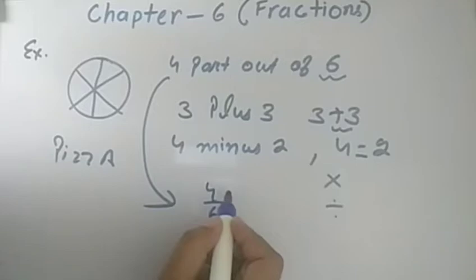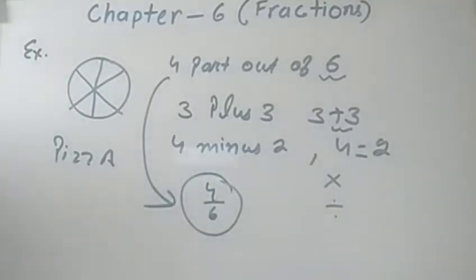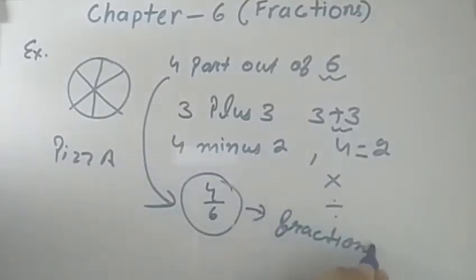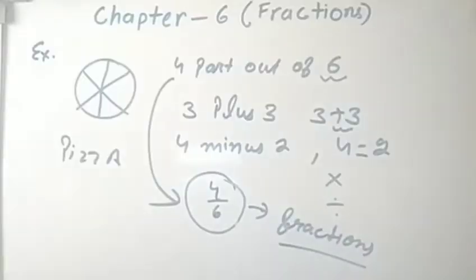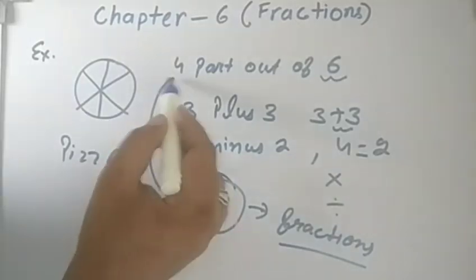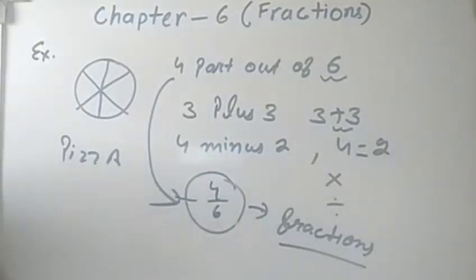So 4 parts out of 6, and this is called a fraction. So basically, we use the fraction to represent these kinds of situations mathematically.